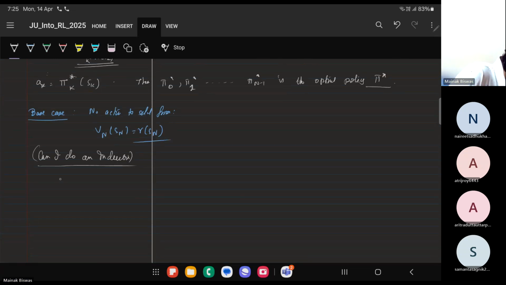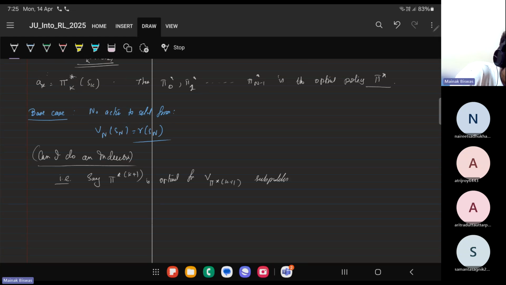That is, say pi star of k plus 1 is optimal for the pi star k plus 1 subproblem.